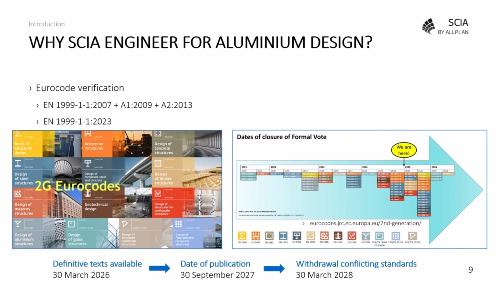Next year, the final text should be available in order to publish in 2027 and to have the withdrawal of the current Eurocodes in 2028. SCIA is following up closely on this topic and will implement this new generation in the software, as we did for the first generation of the Eurocodes.